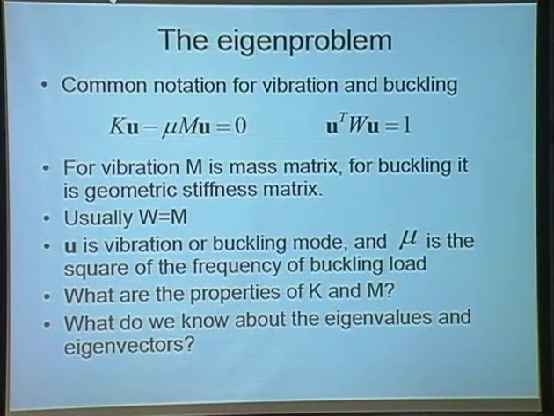Okay, so K and M are symmetric. M and K are positive semi-definite. For sure, in most problems M is positive definite, while K could be positive semi-definite if rigid body motions are allowed. So if you are doing this for a spacecraft, then K will be singular.